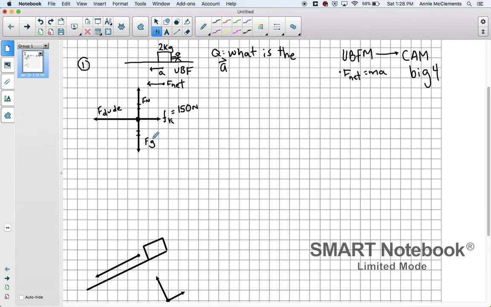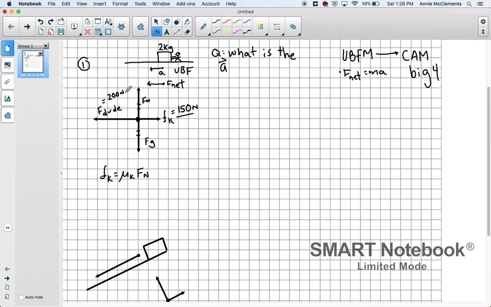You could solve for Fg, which equals Fn, and then use this equation, which was tricky for some people on your quiz, to solve for the friction force. I'm not going to make you do that here. I'm just going to give it to you. It's 150. And let's say that the dude is pushing with a force of 200 newtons, just so we get a feel of this.